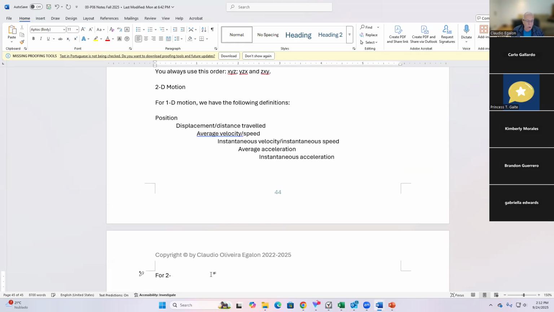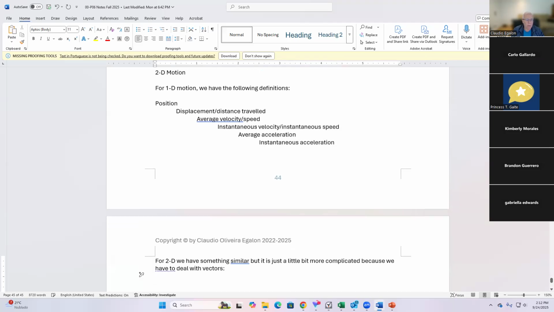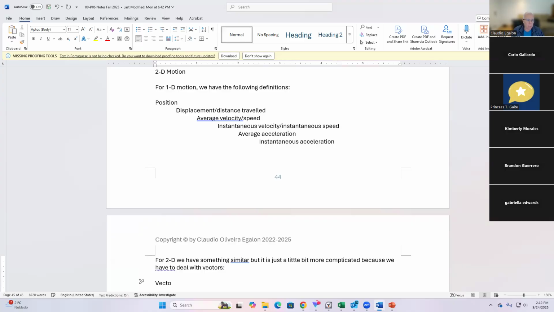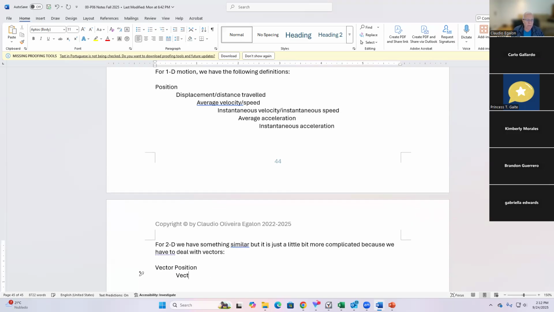For 2D motion, we have something similar. But it is just a little bit more complicated because we have to deal with vectors, right? Here you go. We have vector position.